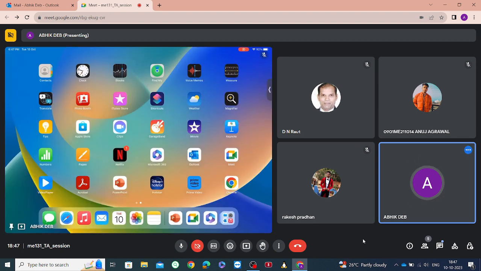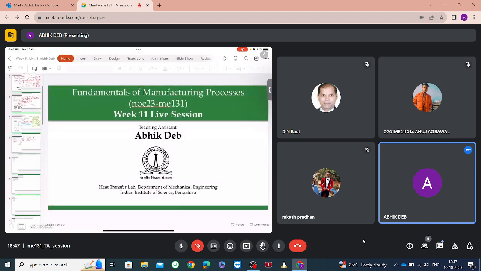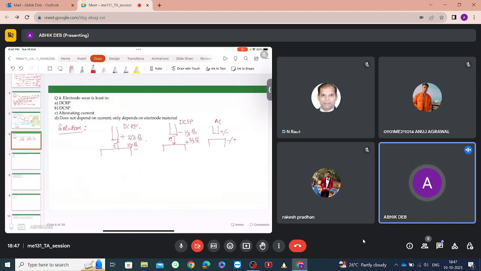So, since more heat is generated here, maximum heat generated at electrode.